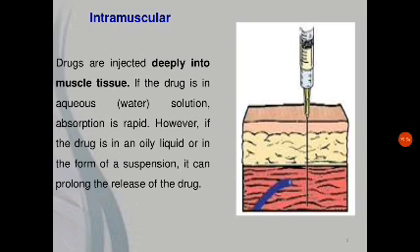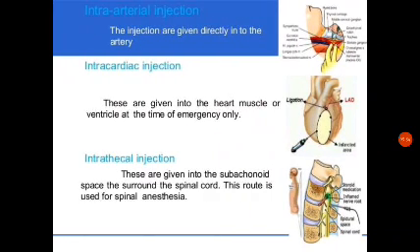Then intramuscular means administration deep into the muscle tissues, and it is mainly done for non-aqueous oily solutions or suspensions, etc. It can prolong the duration of drug release. Then some special routes include intraarterial, that is, into the artery, and intracardiac, directly into the heart muscles and ventricles in emergency conditions.